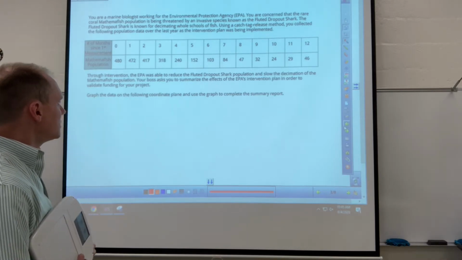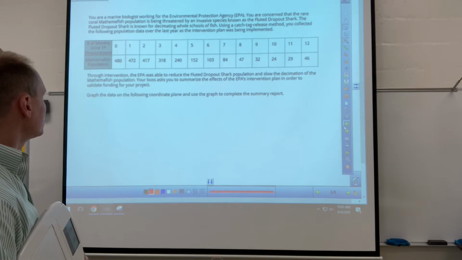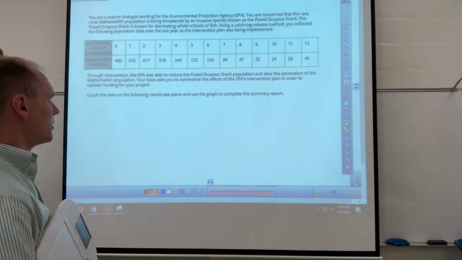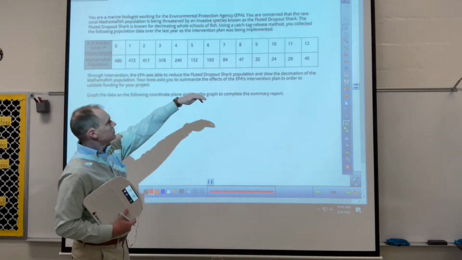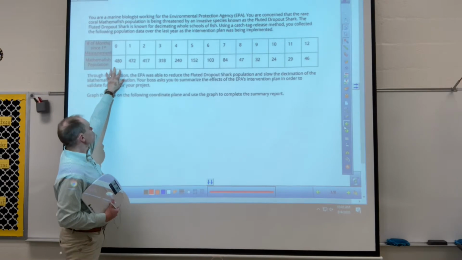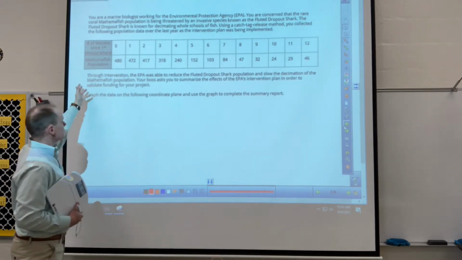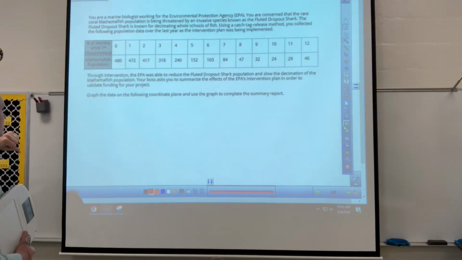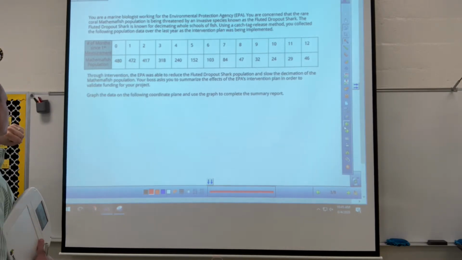Using a catch and tag release method, you collected the following population data over the last year as the intervention plan was being implemented. So we have the months across the top. So the initial population was 480, and then of course from there it changes. But throughout this intervention, the EPA was able to reduce the fluted dropout shark population and stop the decimation of the mathfish population.